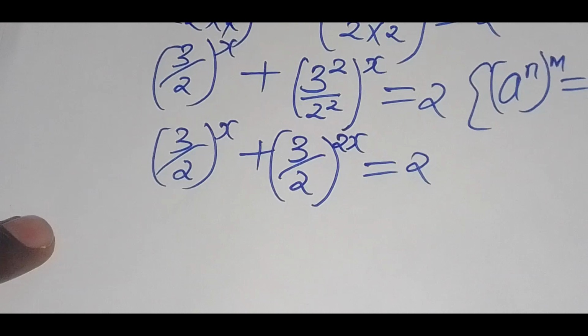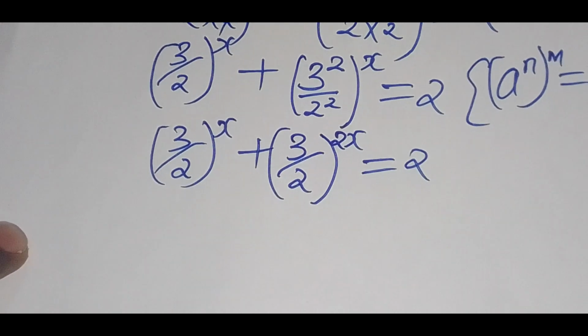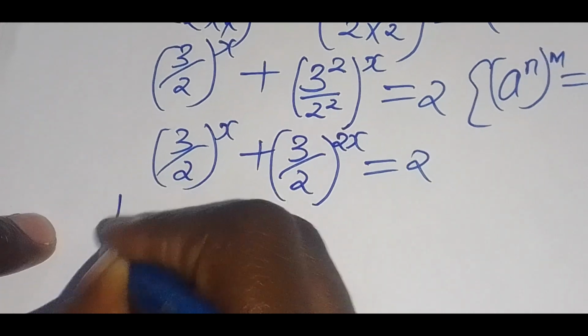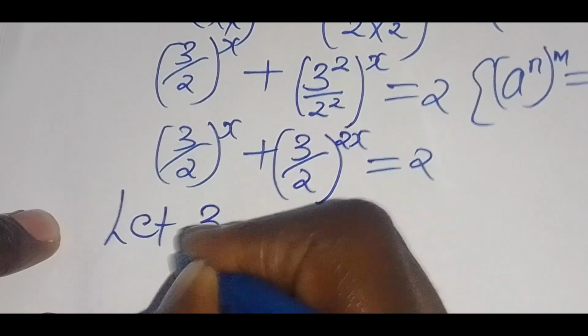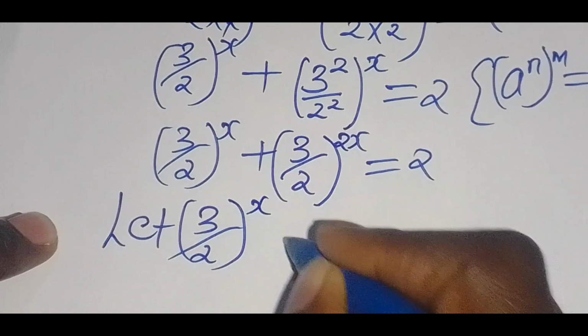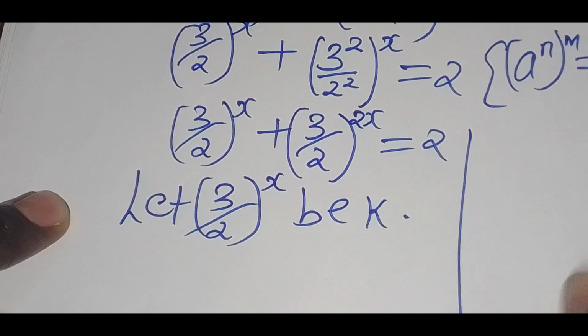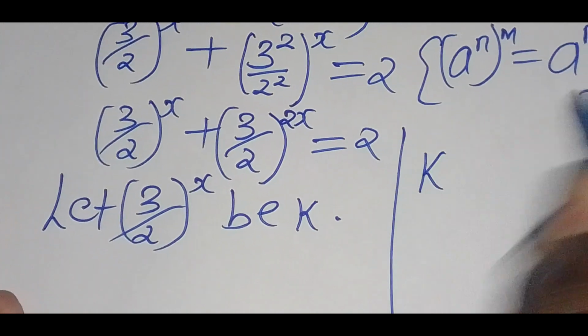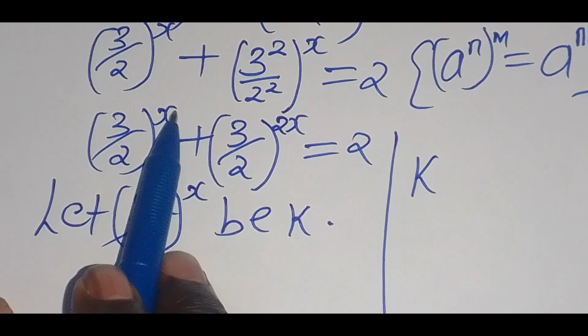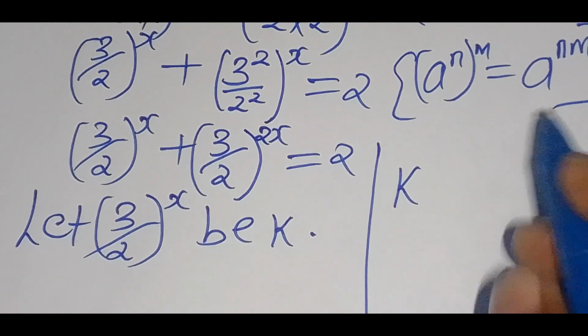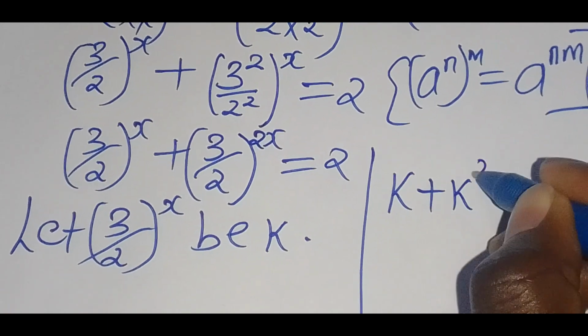Alright, so at that point we are going to say let 3 over 2 raised to the power x be k. Okay, so that we will have k, that is the first part, 3 over 2 raised to the power x is the same as k, so we'll have k plus k squared.